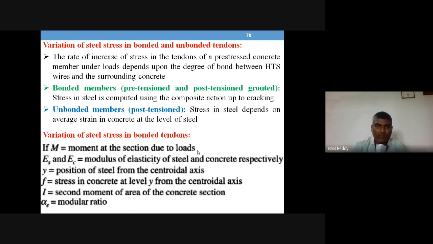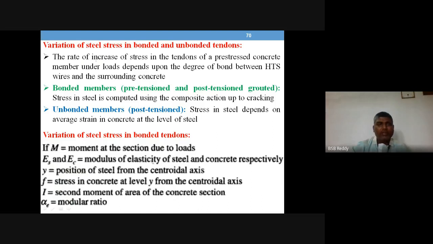Now let us talk about the bonding nature between steel and concrete, how it is going to affect the stress in steel. There are two such cases. We have bonded and unbonded tendons. This has been discussed already. What is a bonded tendon and what is an unbonded tendon?